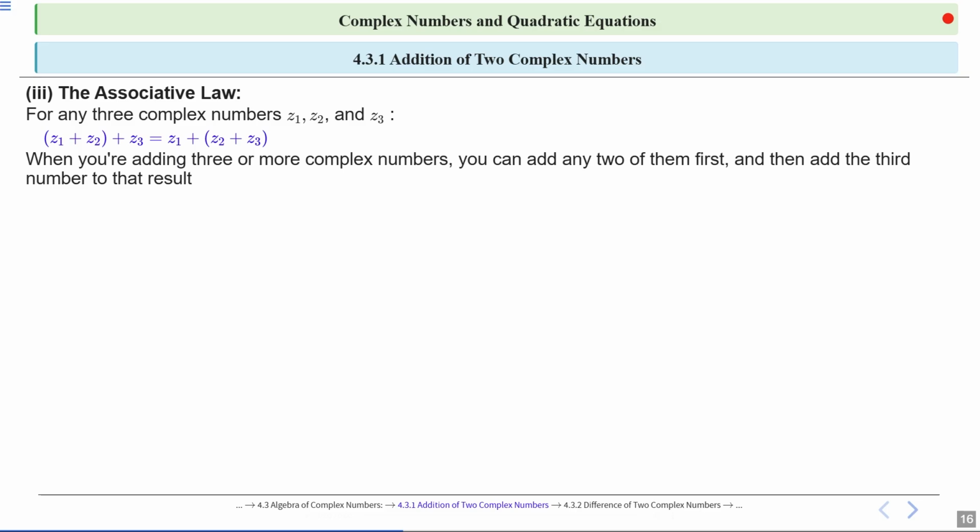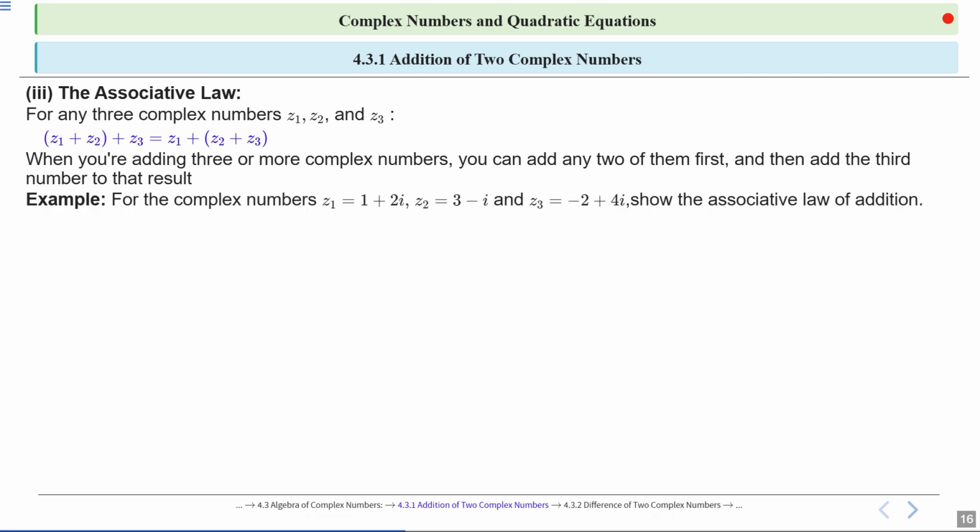This means that when we are adding three or more complex numbers, we can choose any two to add, then add the third one to that result. The answer will always be the same, no matter which numbers we start with. So this property makes calculations easier and more flexible.